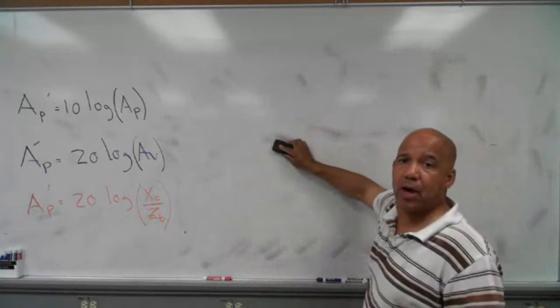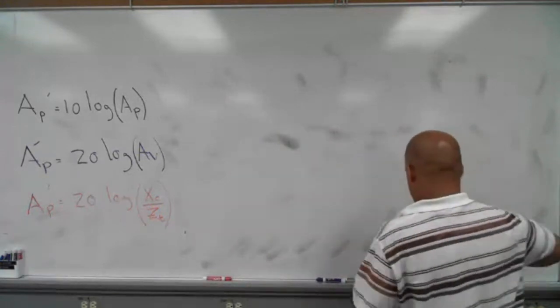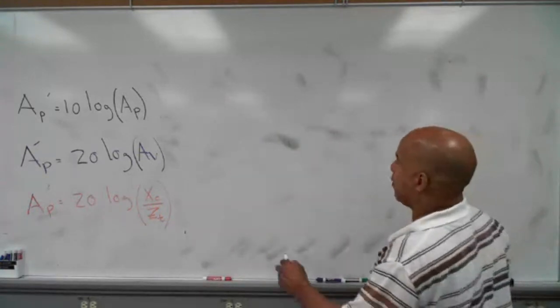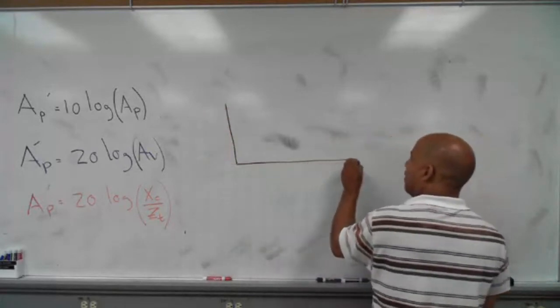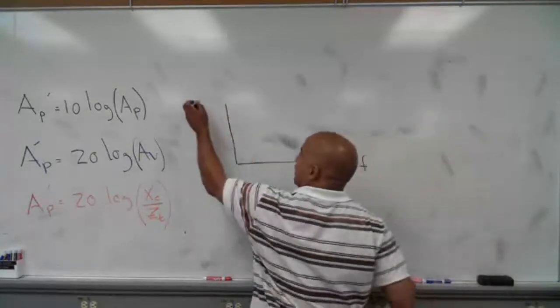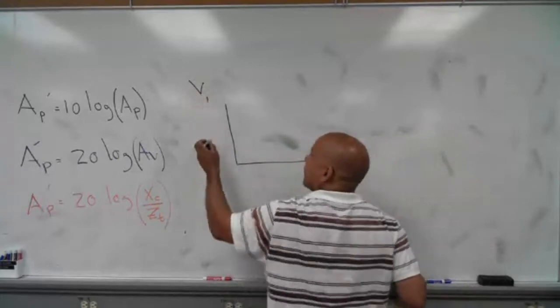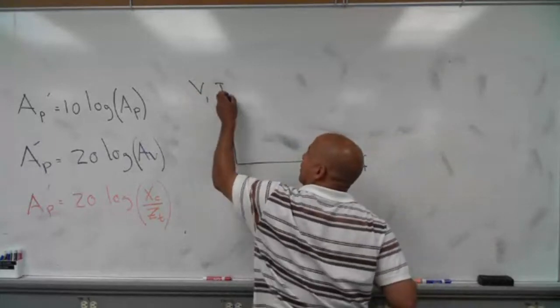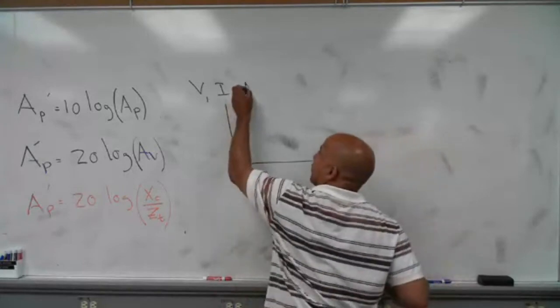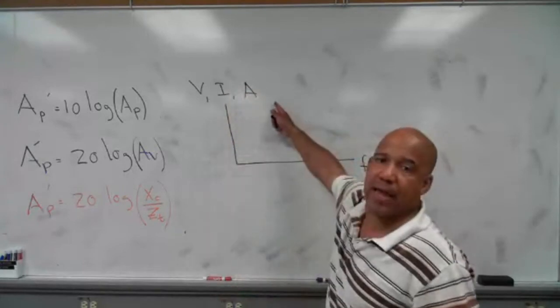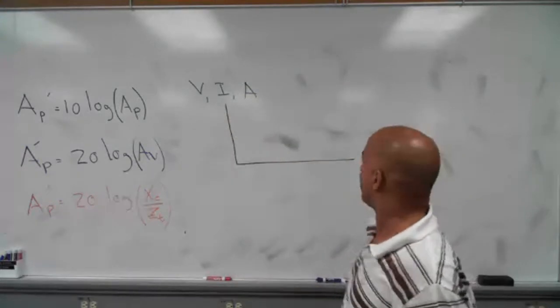So we'll use as an example an LPF. You know a response curve for LPF. This is F. This can be voltage. This can be current. And now you know what gain is. This can also be gain. And that gain can be the regular gain or it can be the decibel gain.